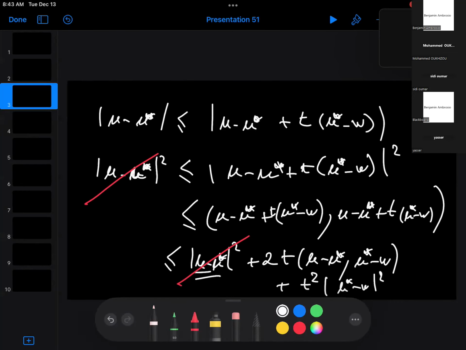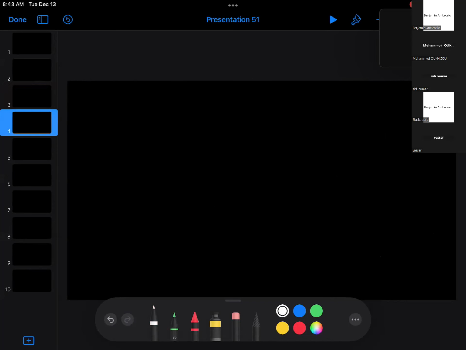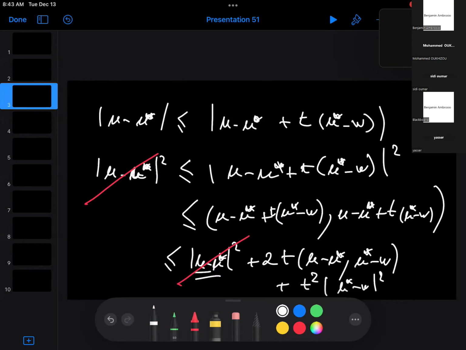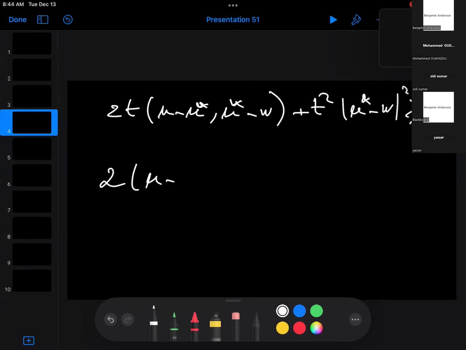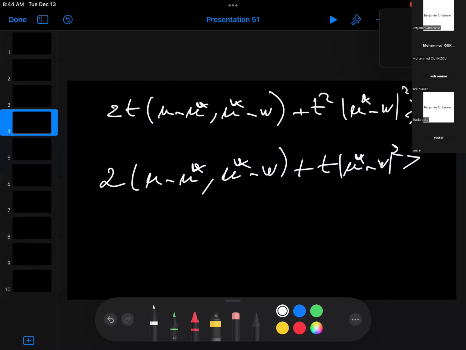So I obtain that 2t times the scalar product of U minus U star and U star minus W, plus t squared times the norm of U star minus W squared, is non-negative. So for t positive, I can divide by t, and this implies that 2 times the scalar product of U minus U star and U star minus W, plus t times the norm of U star minus W squared, is non-negative.